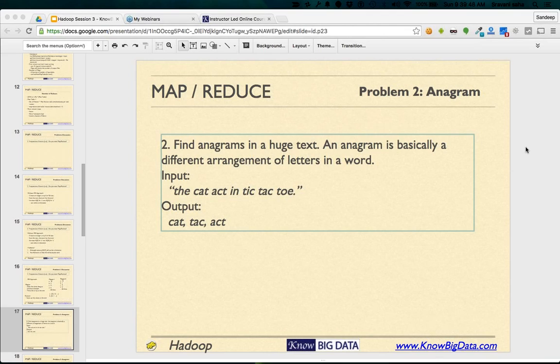All right. Now, how would you write your MapReduce program such that all the anagrams come together? If you have to bring all the anagrams together, what is it that we are going to do? Anagram is not reverse of the word. Anagram is just rearrangement of the letters. Anybody?